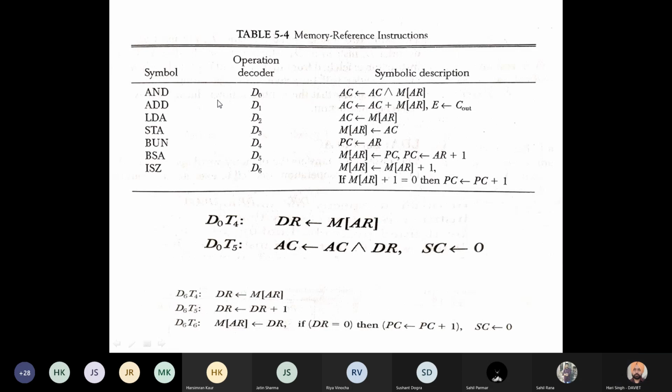There are 6 types of instructions which can be executed related to memory. It depends upon the bits D0, D1, D2, D3, D4, D5, D6. These are the outputs of the 3x8 decoder.